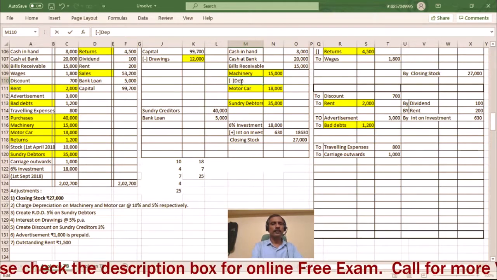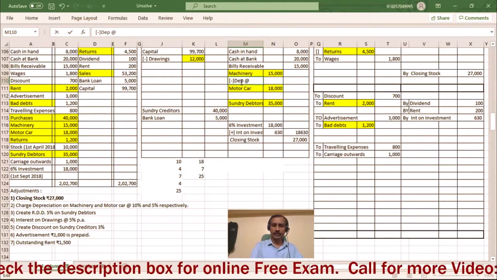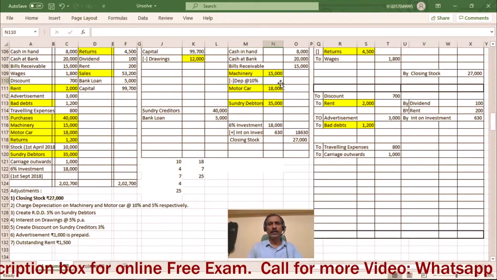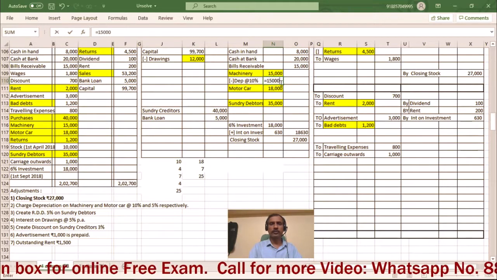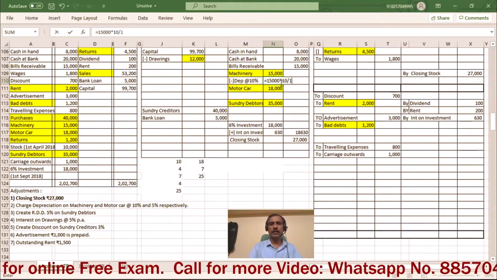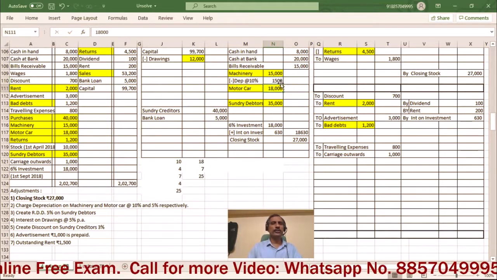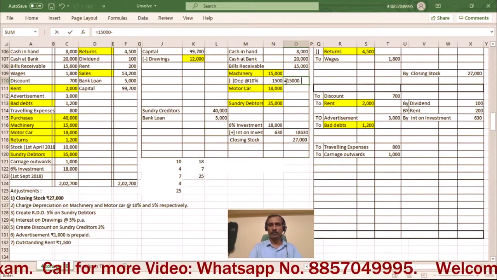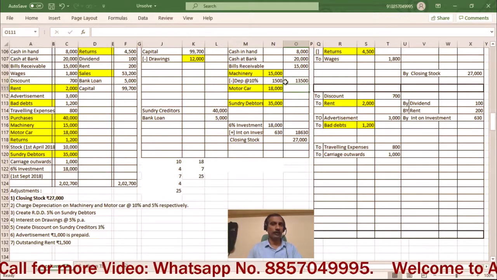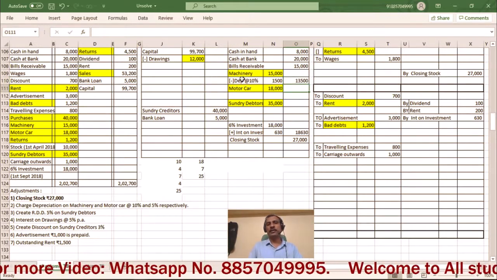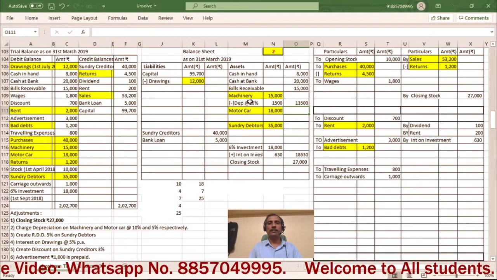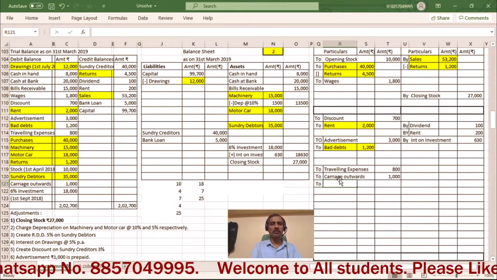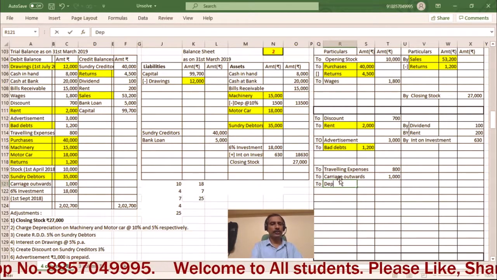Okay, so at the rate of 10%, if you are going to calculate 10%, it means 15,000 into 10 upon 100, otherwise reduce 10. So here 15,000 minus 1,500. Okay, so this is the depreciation amount. Depreciation means loss, so we have to show this balance on the profit and loss account debit side by the name depreciation.